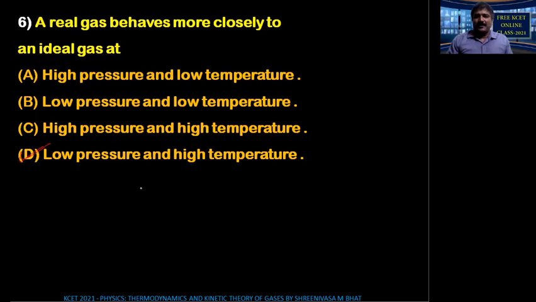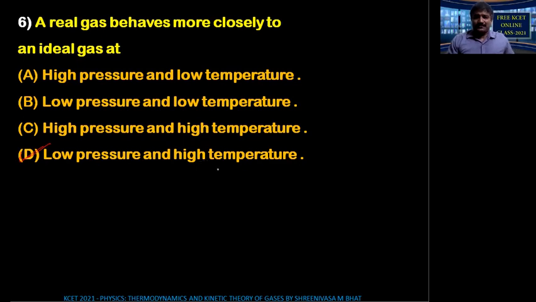This is because only then can the forces between the molecules be neglected. When temperature is high, the interaction between molecules can be neglected. And low pressure means the gas molecules will be very few in number.